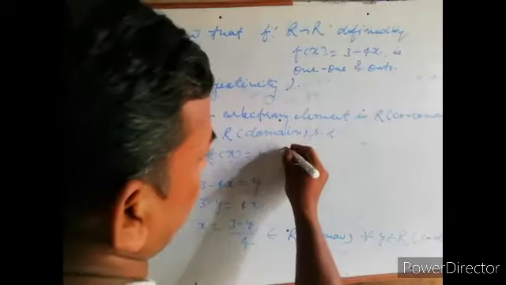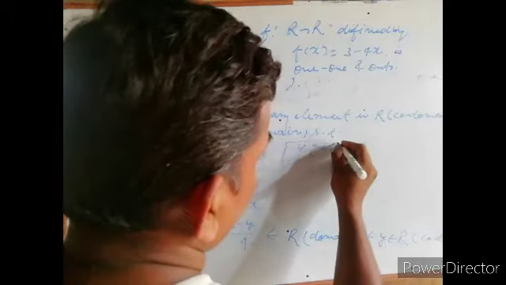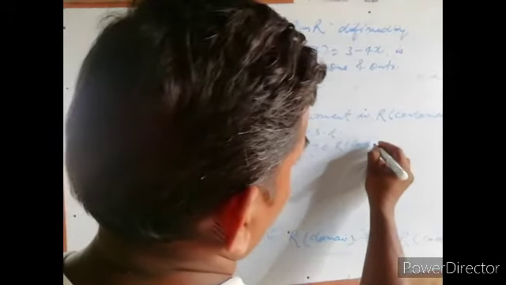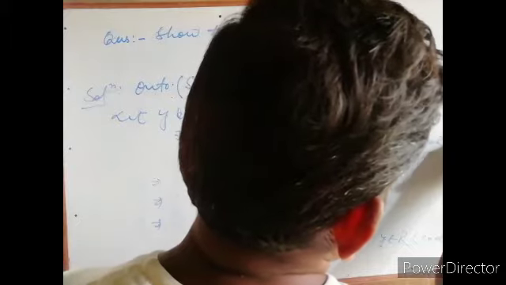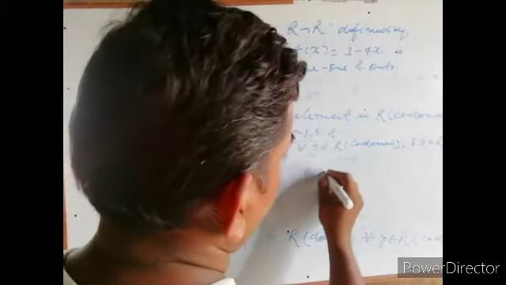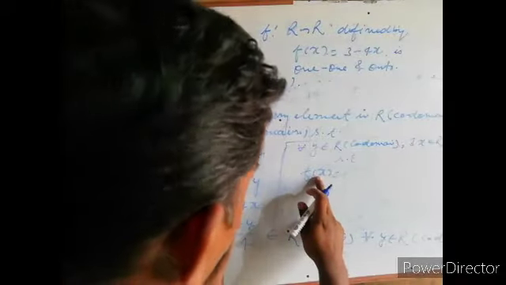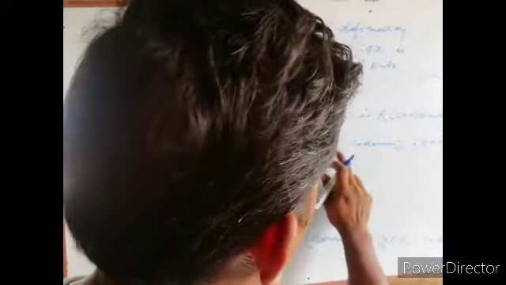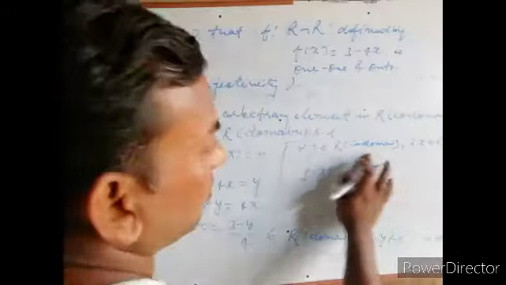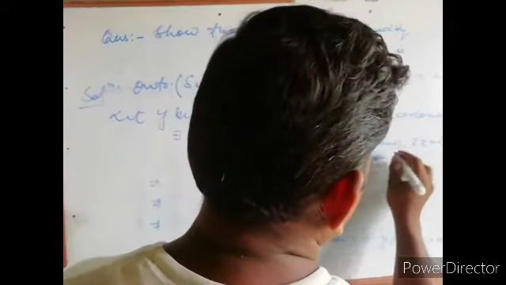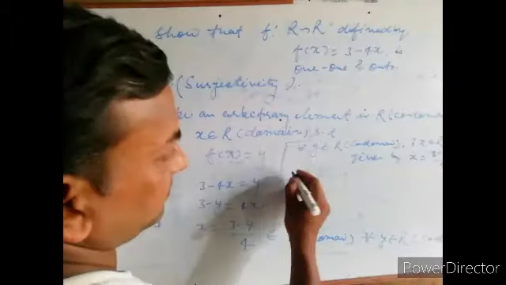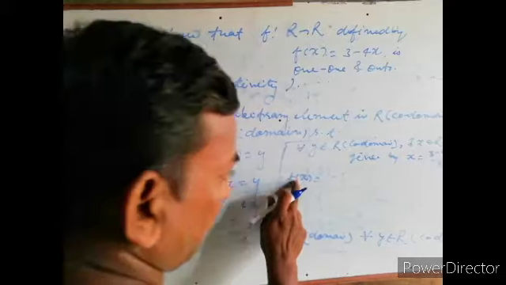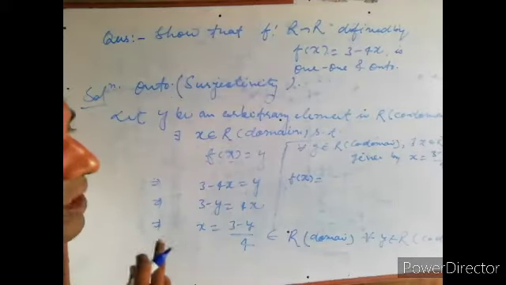Thus, for all y belongs to R, that is codomain, there is x belongs to R, that is domain, given by x is equal to (3 minus y) upon 4 such that f of x is equal to y. This shows that given function f is onto function.